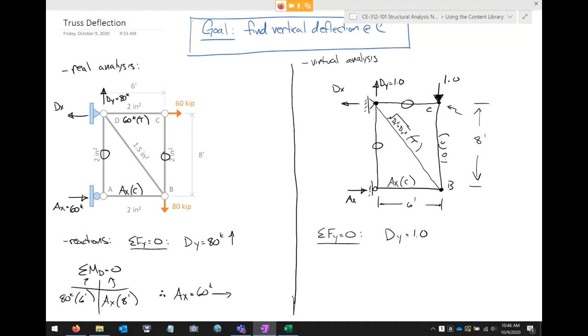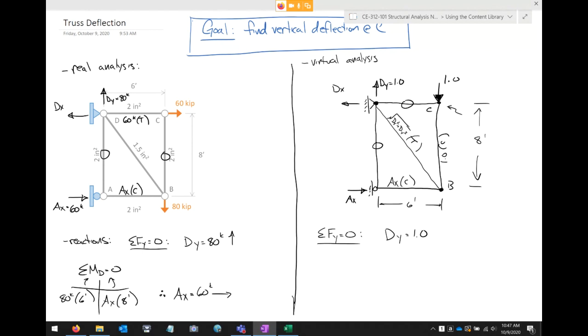Is compression always going to be treated as negative, or is that dependent on the axis we create? So it's not dependent on the axis we create, because let me answer 2 parts. So when it comes to compression, compression and tension are independent of which joint you look at, which direction you look at. That's why we express them as compression or tension. So it doesn't matter what way you look.